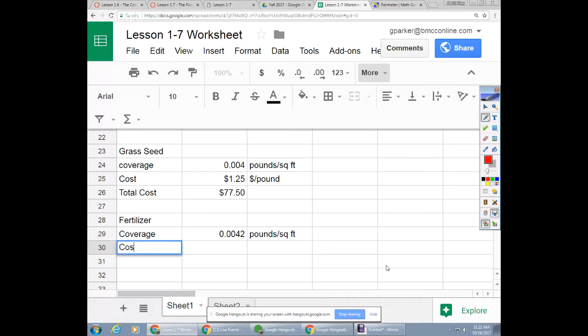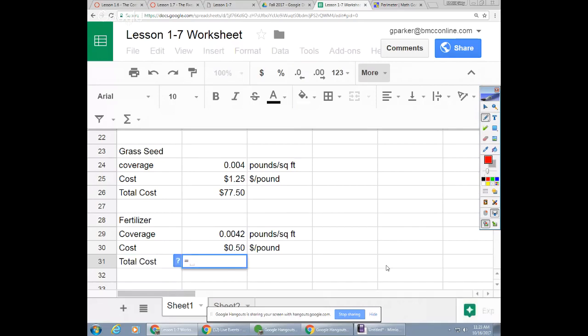Okay, we also have the cost of the fertilizer. And that is 50 cents, or in dollars, 0.50. And that's dollars per pound, according to our information. Similar to above, we can get the total cost in a similar manner.